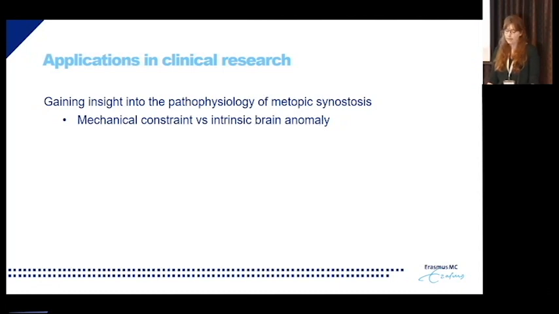The mechanical constraint hypothesis states that metopic synostosis is due to a true malformation of the frontal bones, and that this may restrict brain development and also cause the neurodevelopmental disorders with which metopic synostosis is associated. In contrast, the intrinsic brain anomaly hypothesis states that metopic synostosis is due to an intrinsic brain anomaly that results in an insufficient driving force for maintaining suture patency and can in this way lead to neurodevelopmental disorders later in life.